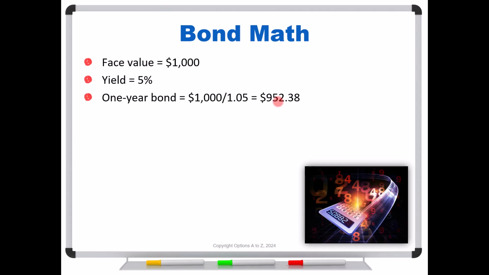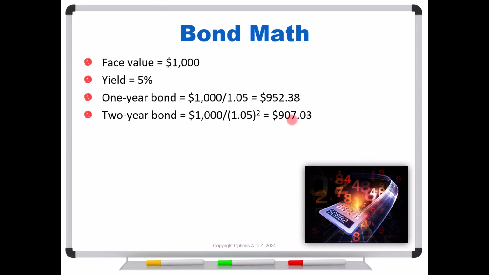Now, what if it were a 2-year bond? Well, it's the same basic idea, but we have to divide by 1.05 twice. And mathematically, that's the same as dividing by 1.05 squared. So if this were a 2-year bond, we take the $1,000 face divided by 1 plus the interest rate squared, because that's the number of years, and now we get a price of 907.03.